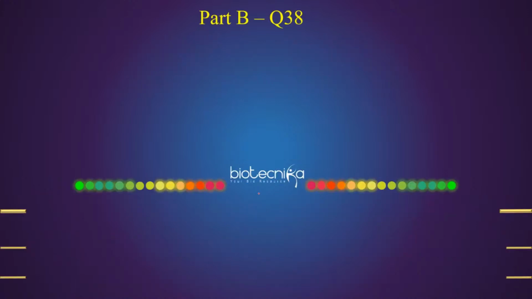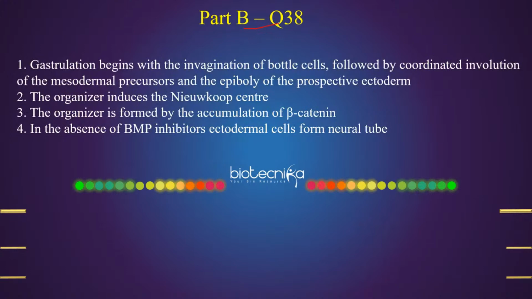Your first question from shift 1 was about amphibian gastrulation. Gastrulation begins with the invagination of bottle cells, followed by convergence and involution, and last will be epiboly of the ectoderm, that is, involution of mesoderm and epiboly of ectoderm.